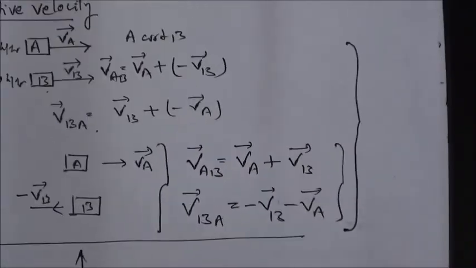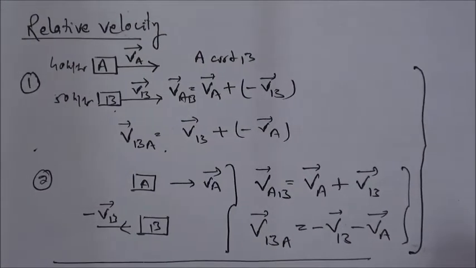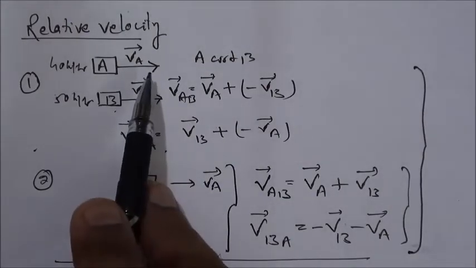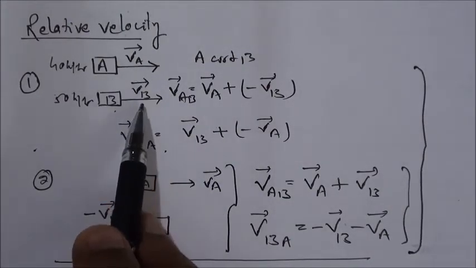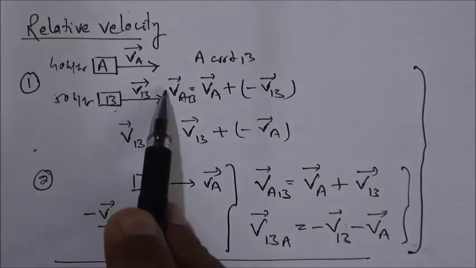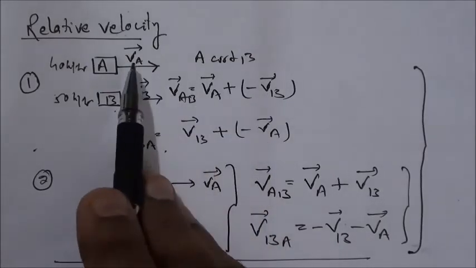So observe again all these four results. We wanted the velocity of A with respect to B. So what did we do? We inverted the sign of B and added it to the first.